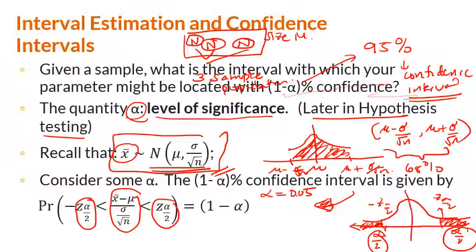So you have your difference between your sample mean with your population mean over your standard deviation. So the ratio of the difference of your sample mean to the population mean with respect to your standard deviation is your associated z-score. So the z-score has 95% probability or 1 minus alpha probability of lying in this interval. So I hope this is clear.